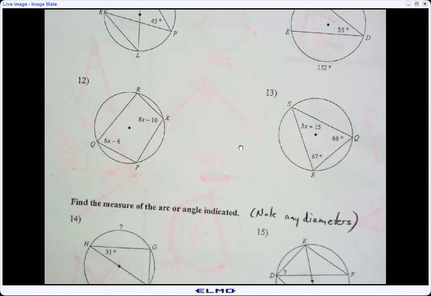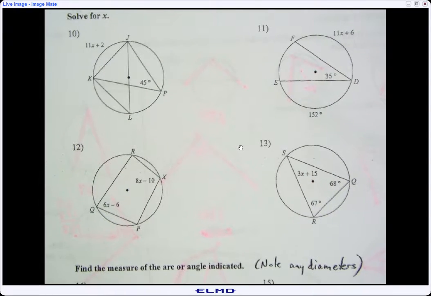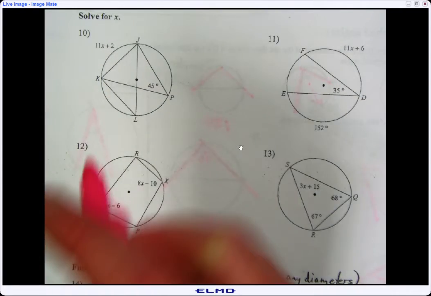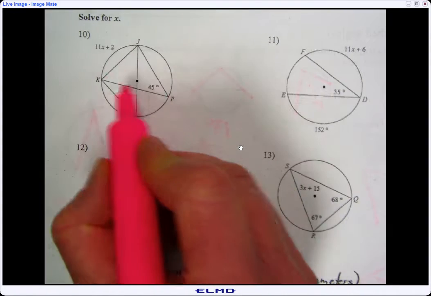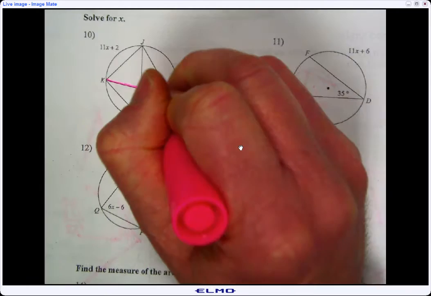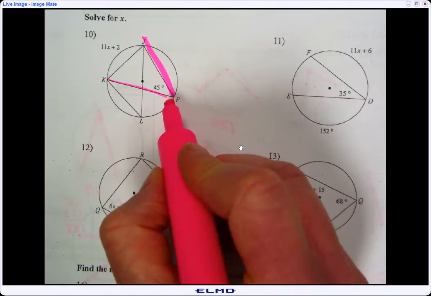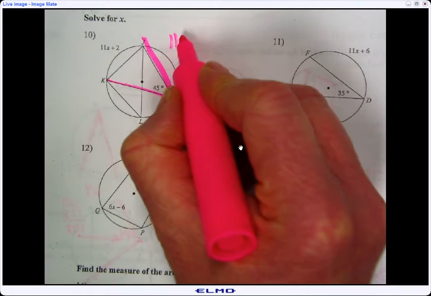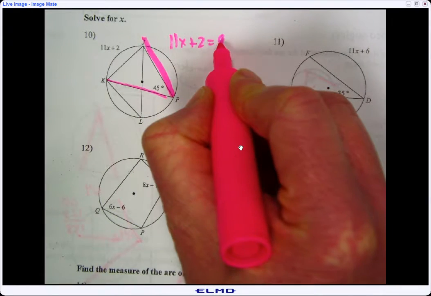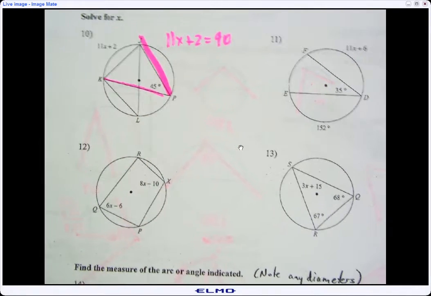When you get to the back of this paper, there are a few more problems that have algebra involved. So again, follow your same procedure. I know that's 45. So if I double that, I get this 11x plus 2. So 11x plus 2 equals 90, and you can solve for x.